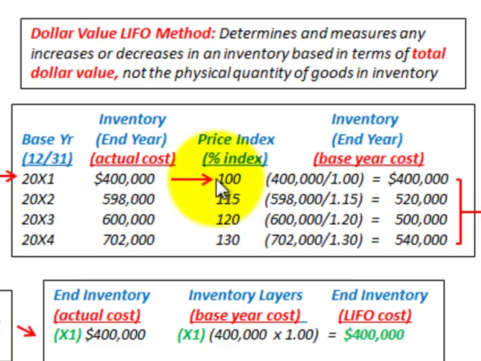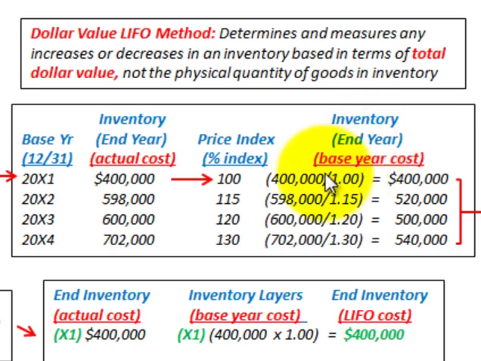So based on our first year index of 100%, at 20x4, it's worth 130% of our first year.